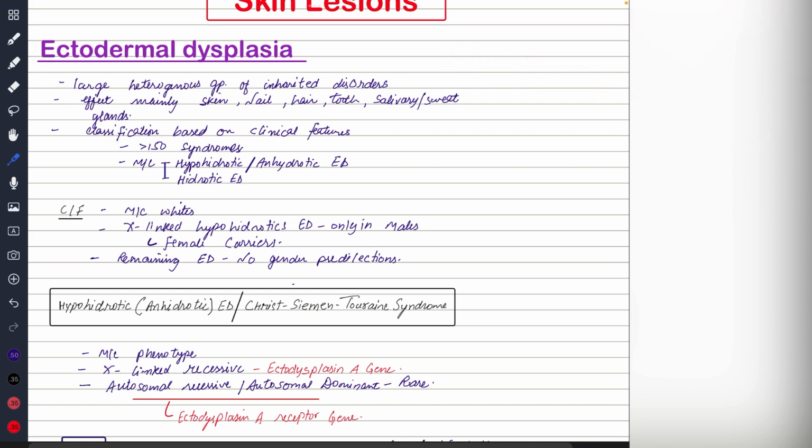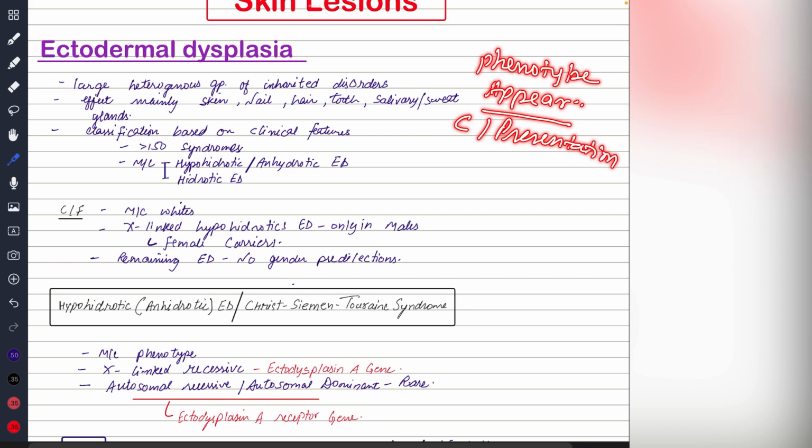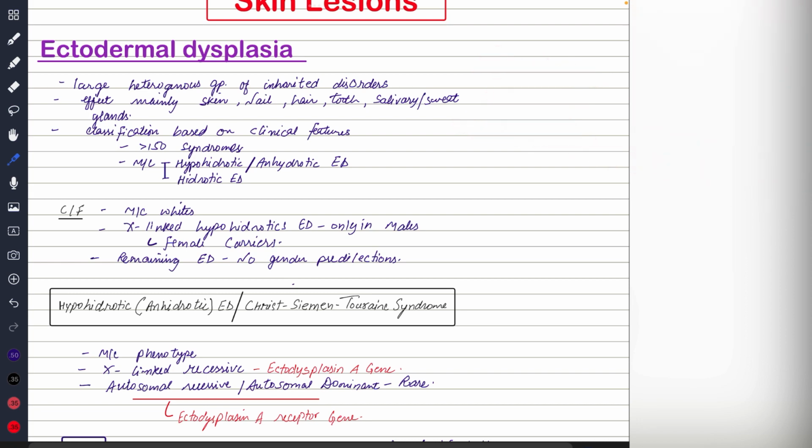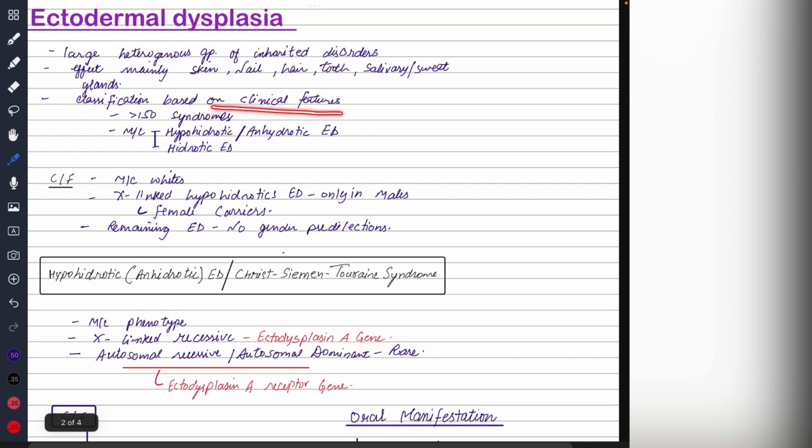Collectively, they have dysplastic changes in ectoderm, and depending on phenotype, or you can say depending on appearance or clinical presentation, different syndromes and different diseases are designated. So the classification is only based on clinical features, and there are more than 200 syndromes out there just for ectodermal dysplasia.